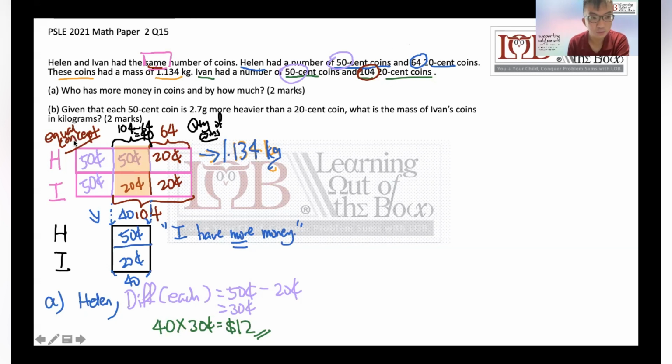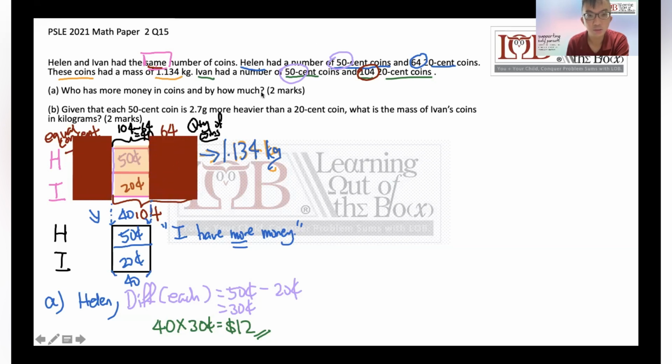So you can see that, after I've done the model drawing, this is gone, this is gone, okay? And your long question has been filtered into a funnel, from this long question with a lot of noise, going through just this funnel alone and going back to just a comparison between two different kinds of coins, one 50 cent and one 20 cent, with the same quantity.